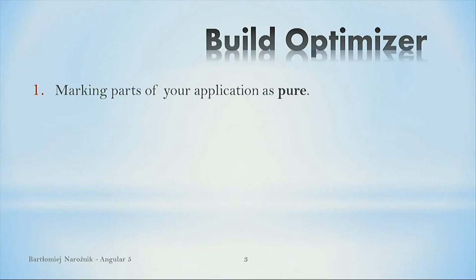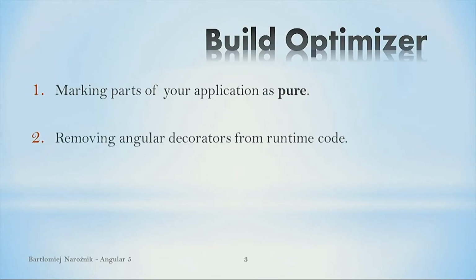So it's a part of the tree shaking mechanism. Another task of the build optimizer is removing the Angular decorators from the runtime code. Angular decorators are consumed during compile time, so we have no use for them in the runtime code. They can be safely removed, saving some space and making the application code a little smaller.